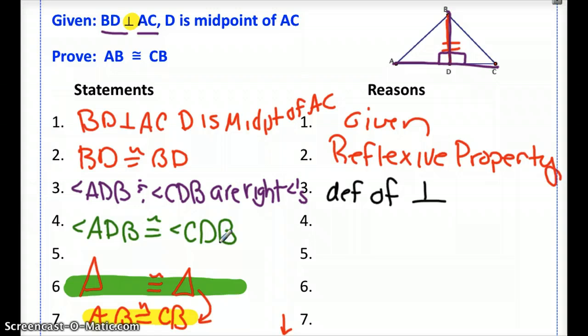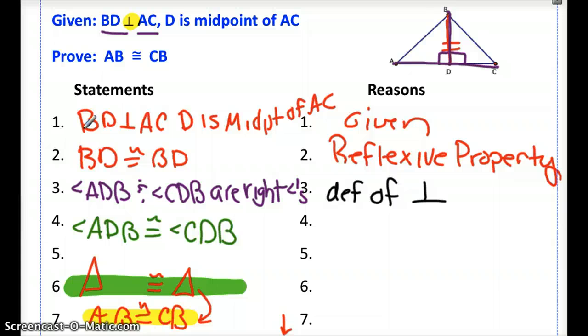Now that is not definition of right angle. Definition of right angle says you have 90-degree angles. This is actually a theorem that we learned in chapter, I think it was chapter 2, where if you have right angles, then right angles are congruent. Both right angles are 90-degree angles. If they're both 90-degree angles, then they're equal.